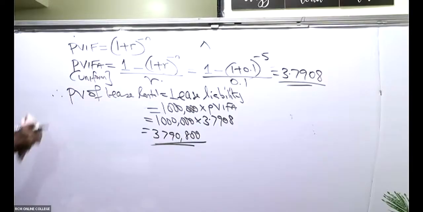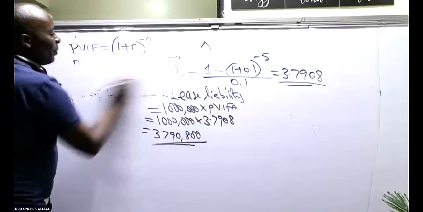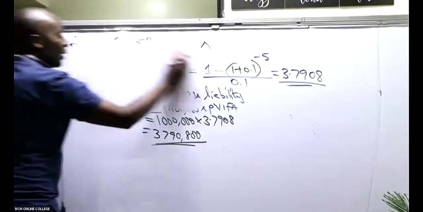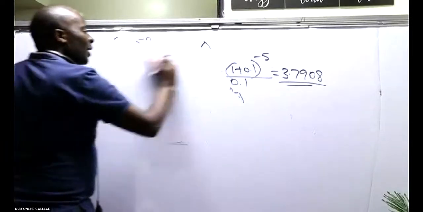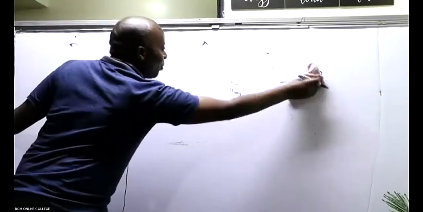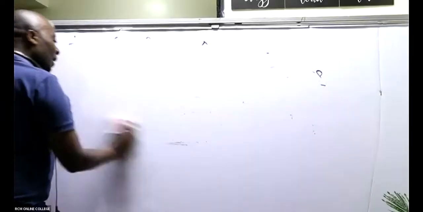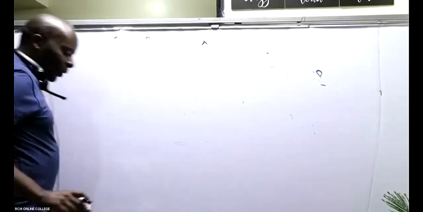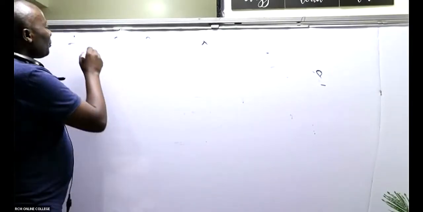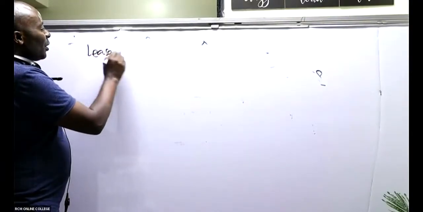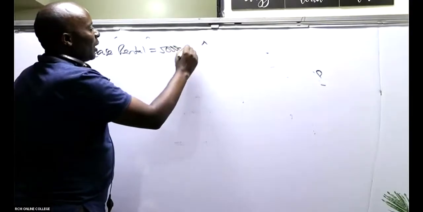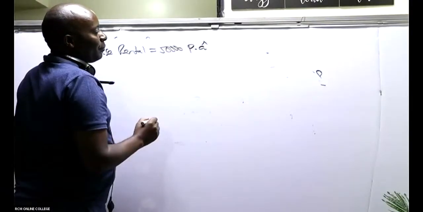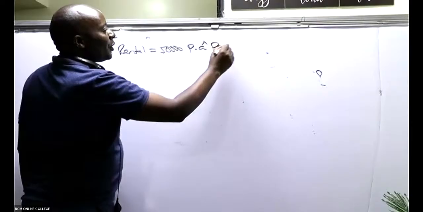Thank you so much. But you see again, another trick that I've always seen the AFR, Advanced Financial Reporting, and of course the Intermediate Financial Reporting examiners doing. These examiners will come and tell you the following: that the lease rental is 50,000 per annum, payable in advance.